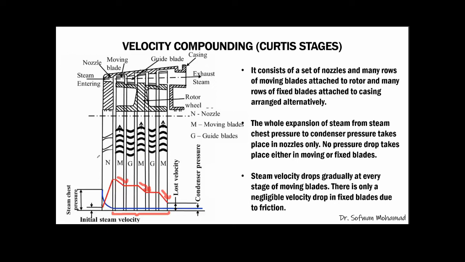There is only a negligible velocity drop in fixed blades due to friction, because fixed blades do not absorb any energy from steam. Some losses are only due to a minor loss of friction. So this is velocity compounding.